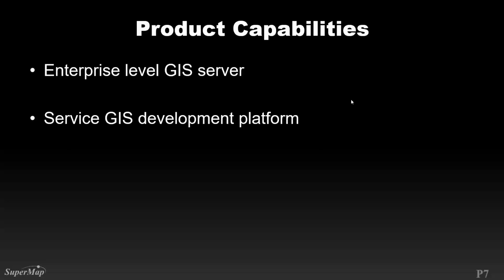Okay, let's move on. You may want to know the capabilities of SuperMap iServer. The capabilities of SuperMap iServer mainly focus on the enterprise-level GIS server and the service GIS development platform.